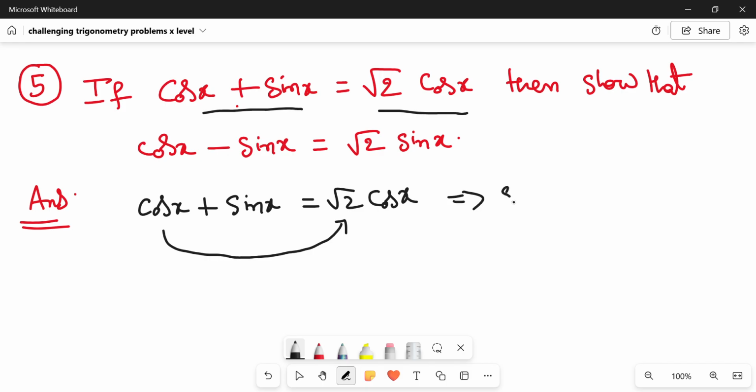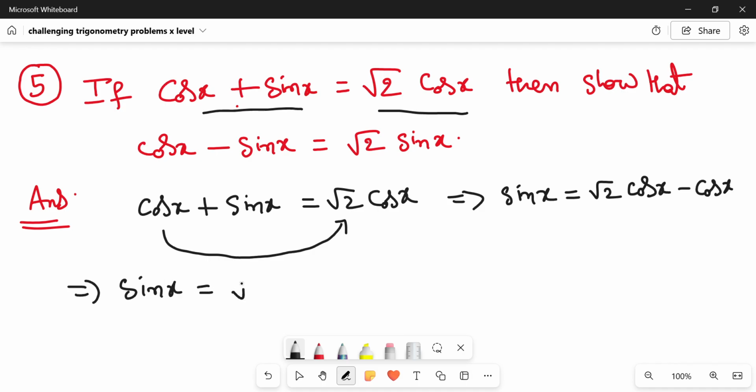So I can write sin x is equal to root 2 cos x minus cos x. You can write like this. And later what I'll do is I'll take the cos x as common, and again you have sin x is equal to root 2 minus 1 multiplied by cos x. If I take cos x from both the terms, this is what I'll get.